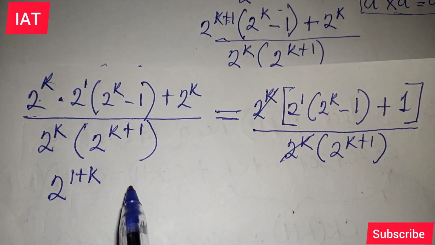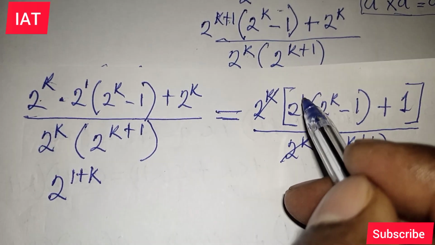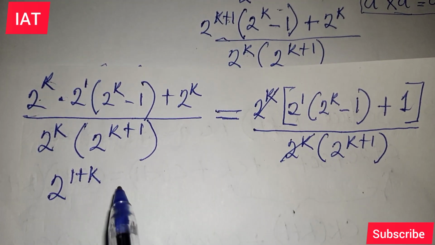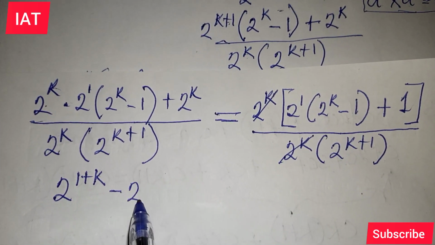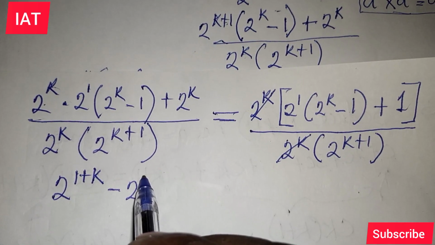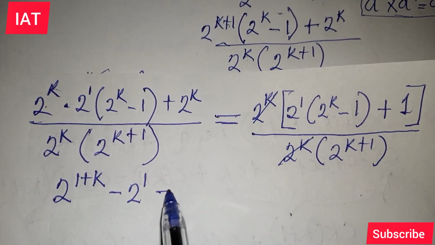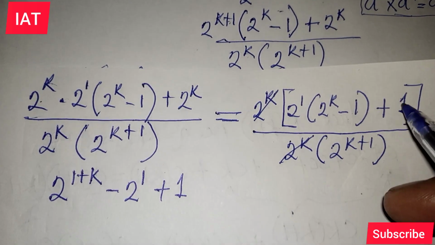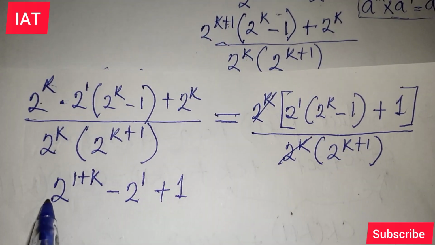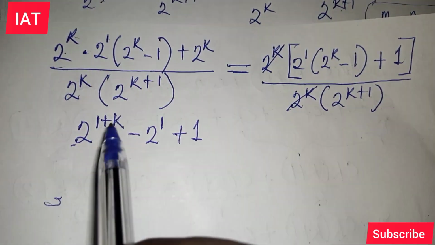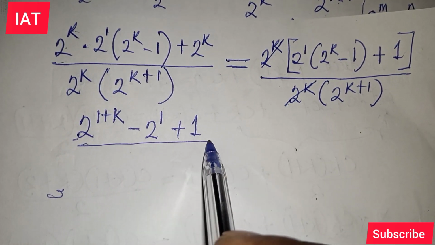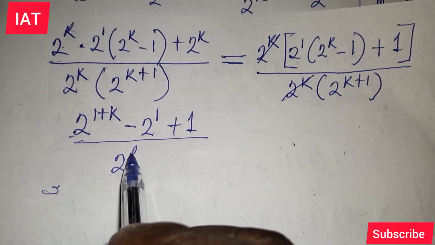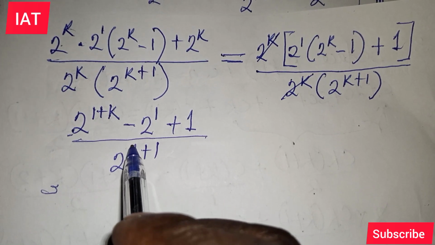All right, and then this 2 to the power of 1 will multiply by minus 1, to give us minus 2 to the power of 1, then plus the 1 that is remaining here. This will be over 2 to the power of k plus 1.